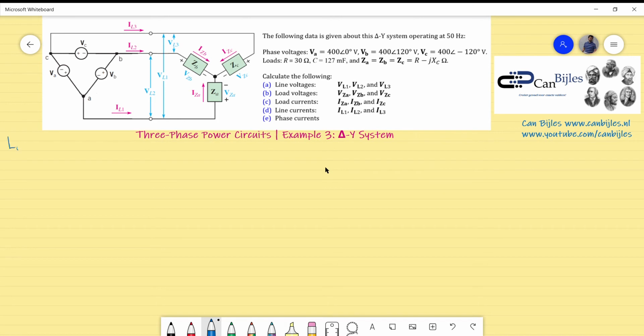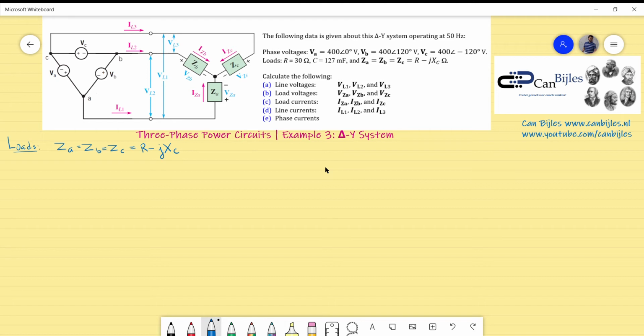So loads. In this case ZA is equal to ZB and it's also equal to ZC, which is a series combination of R and the capacitor, so R minus jXC.